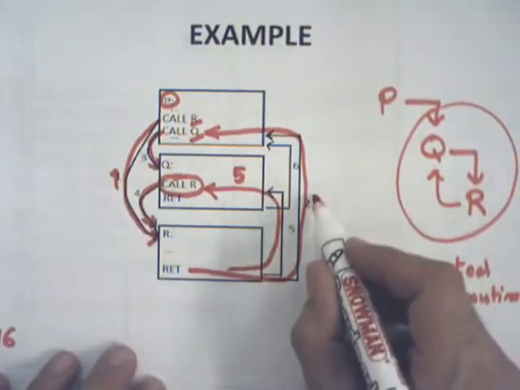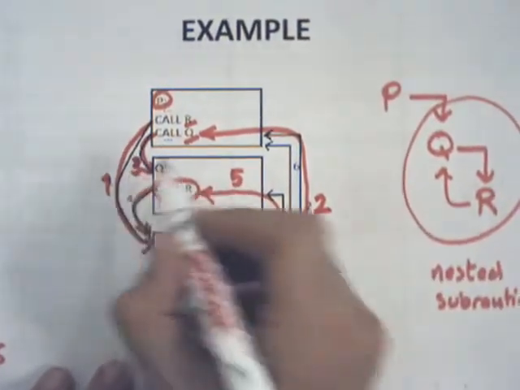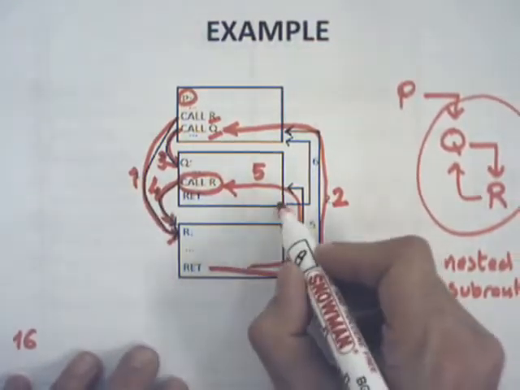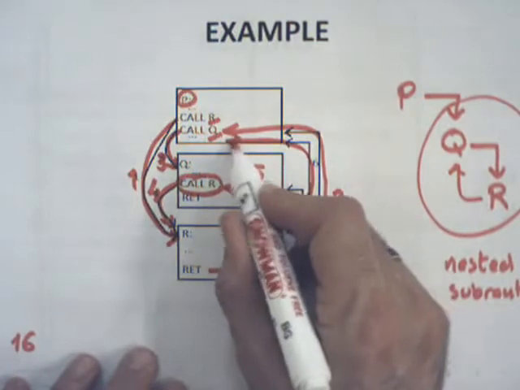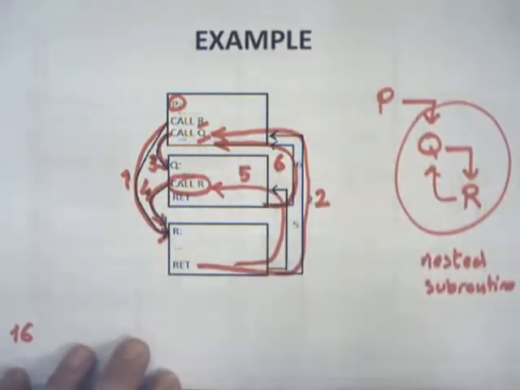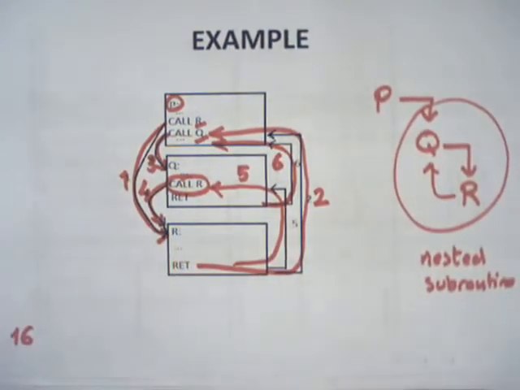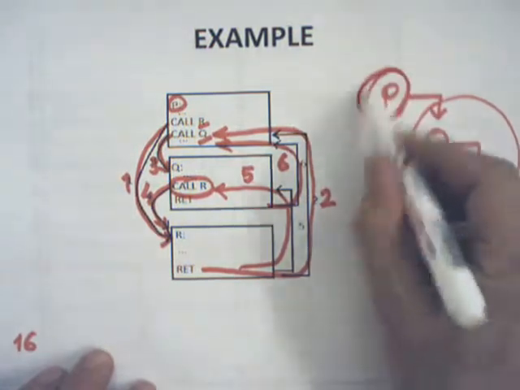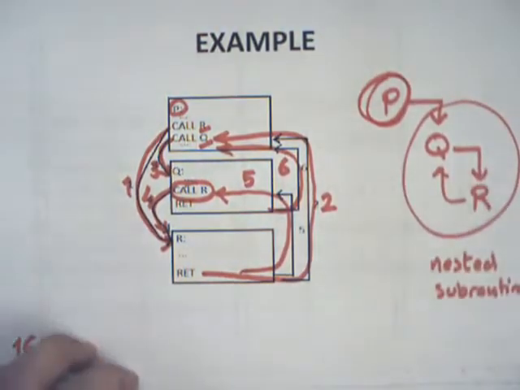Okay, number 1, number 2, number 3, number 4, number 5, and after returning, number 6 returns to the main program. So this is a very good and basic example of nested subroutines. P is the main program, Q and R are nested subroutines.